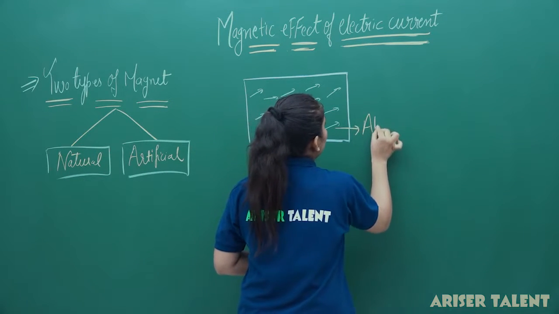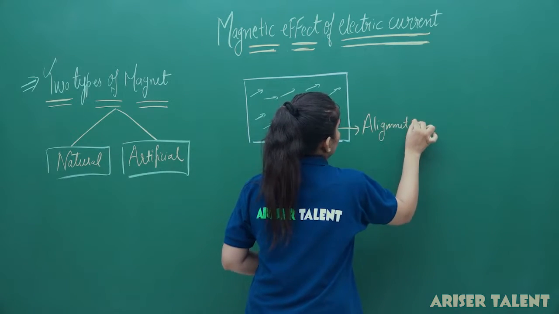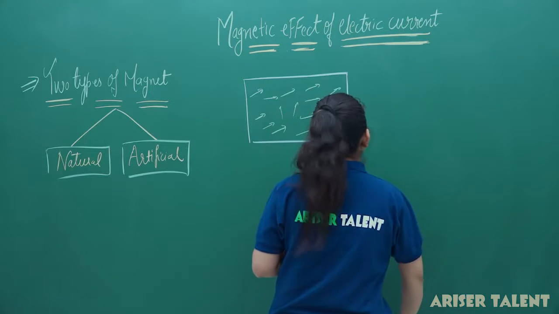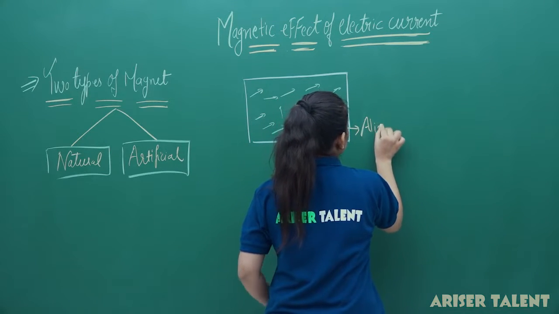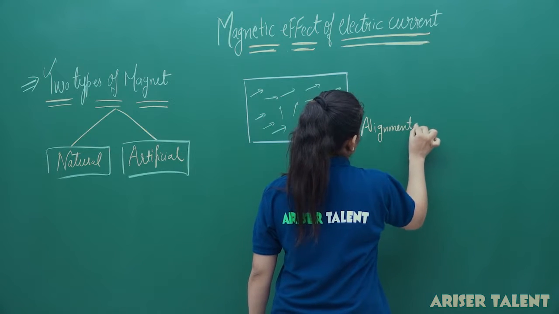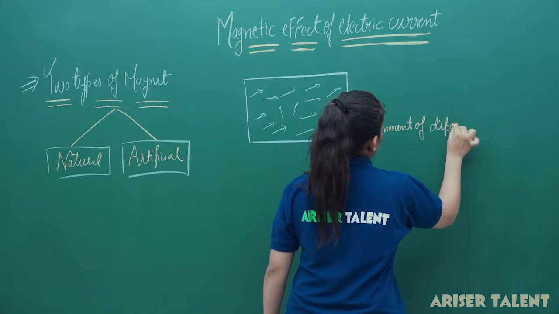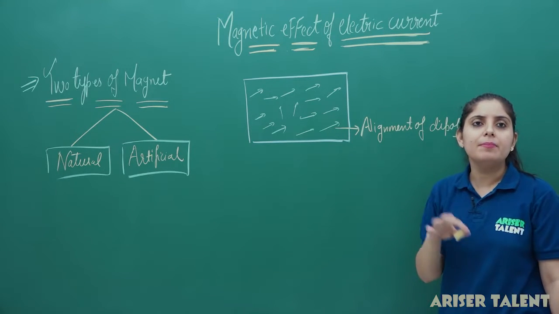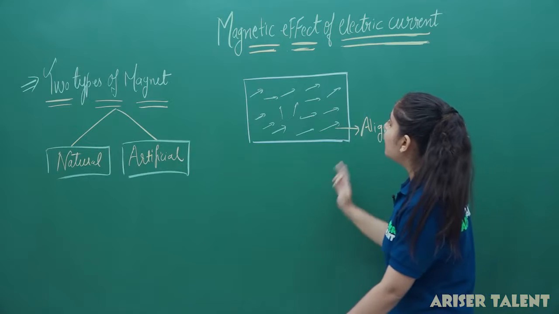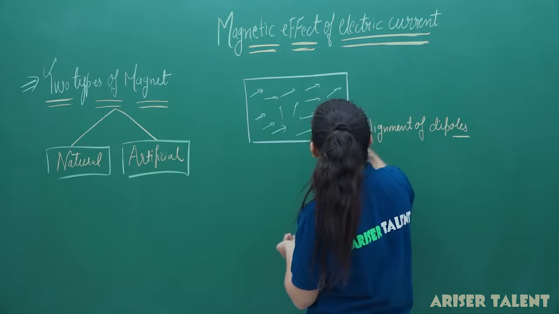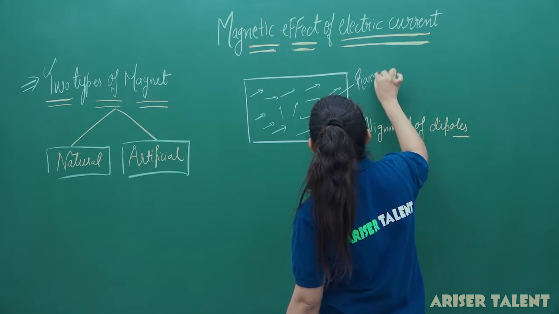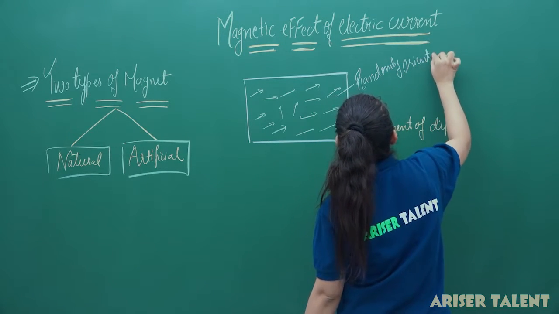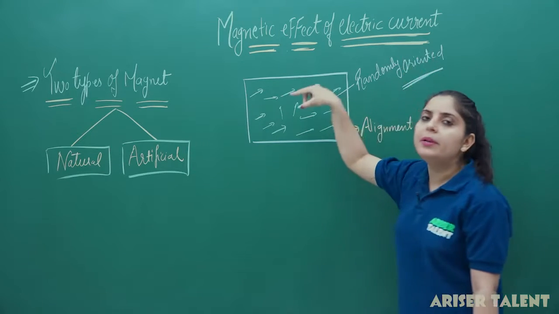It is the alignment of dipoles in case of the natural magnet, if the magnet is occurring naturally. Now you can see that this alignment has been done in a random fashion. It means this orientation is random, or I can say that the magnetic dipoles are randomly oriented in this picture.